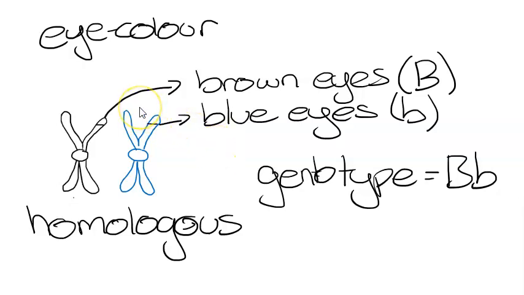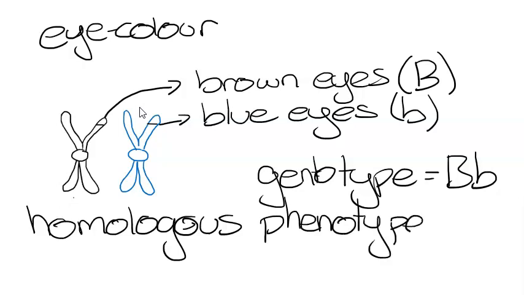The next word that we were going to introduce was phenotype. An indication here: we can look at genotype and think gene, that relates to genes. So that's one way of remembering what genotype means. Phenotype, if you think of the pH in there, that is referring to physical, so the physical characteristics of an individual.